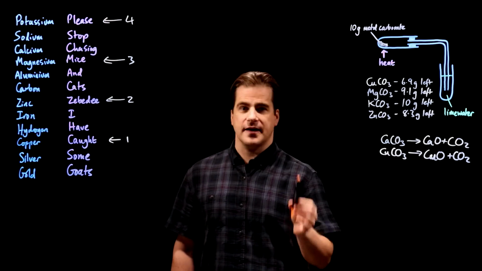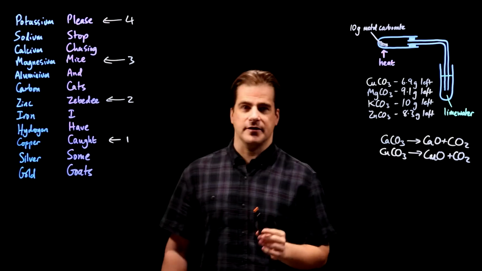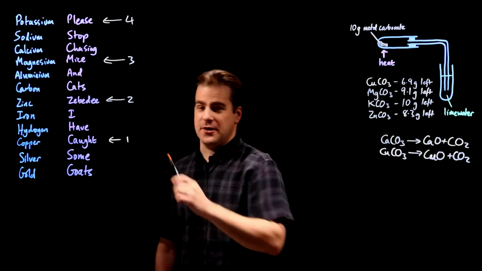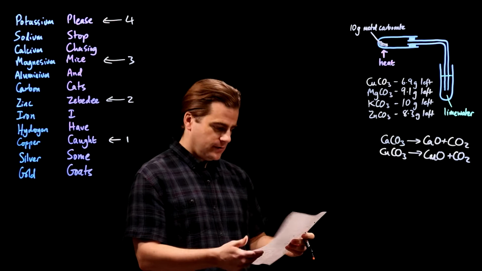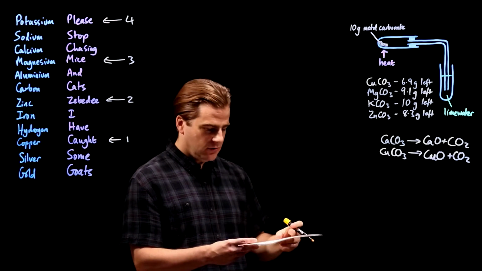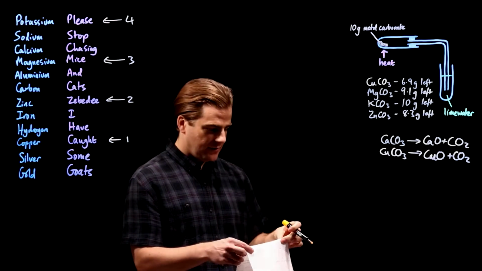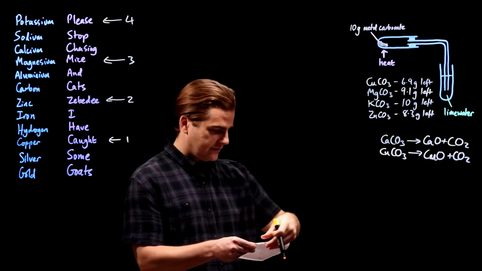Good. Like I say, you do need to know your reactivity series for that, so learn it. Right, next. Iron ores must contain enough iron to make it economical to extract.